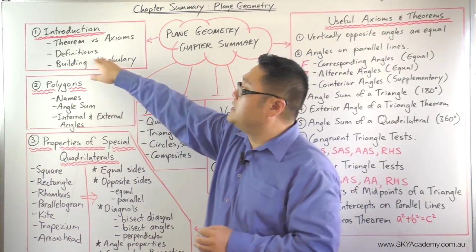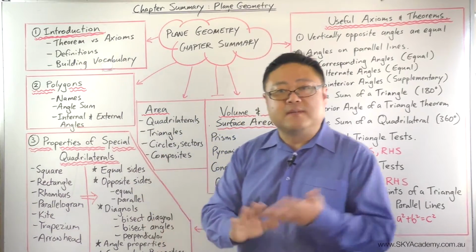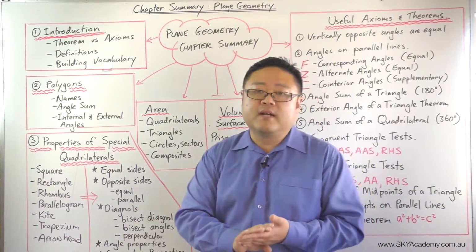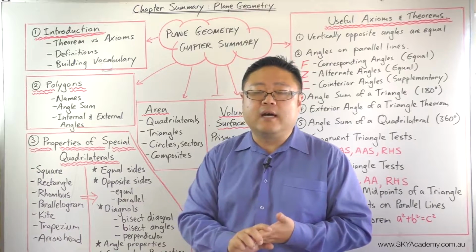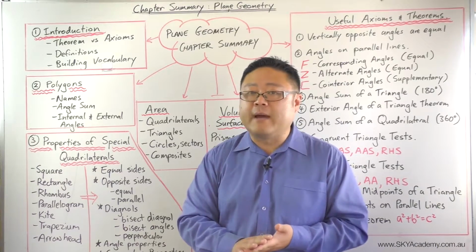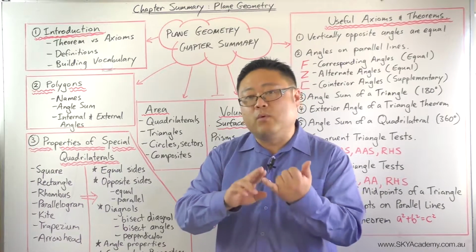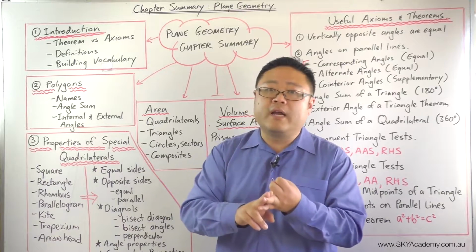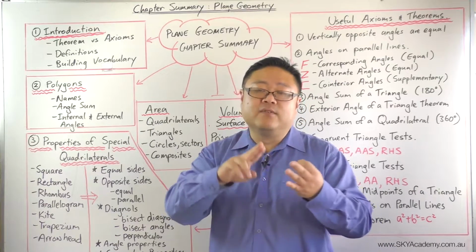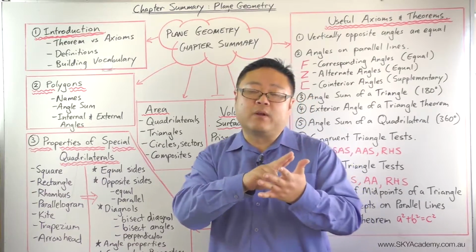We looked at the definitions of some really common terms in geometry, so we need to build a vocabulary there. For example, we looked at what a point is, what a line is, what an interval and a ray are, and we worked out what an angle is.